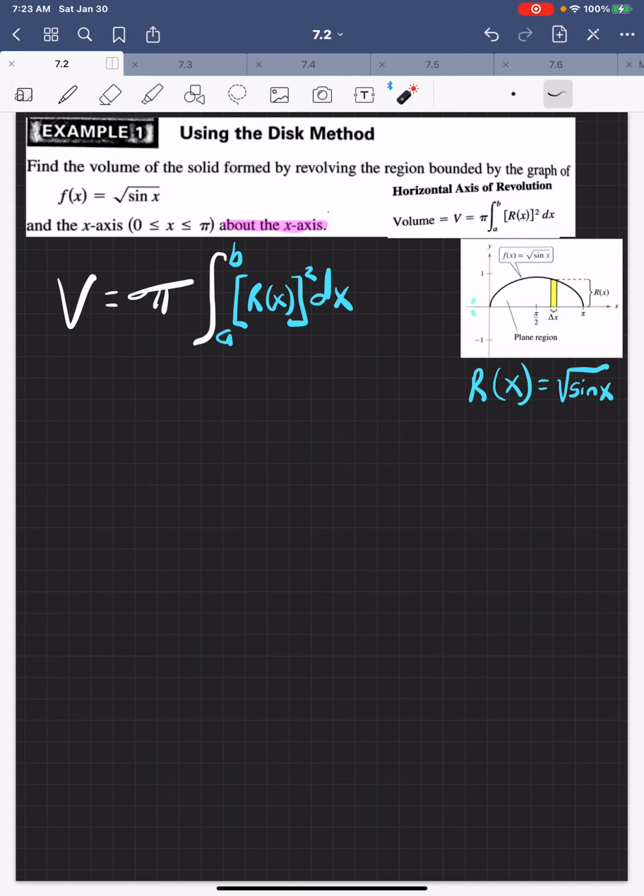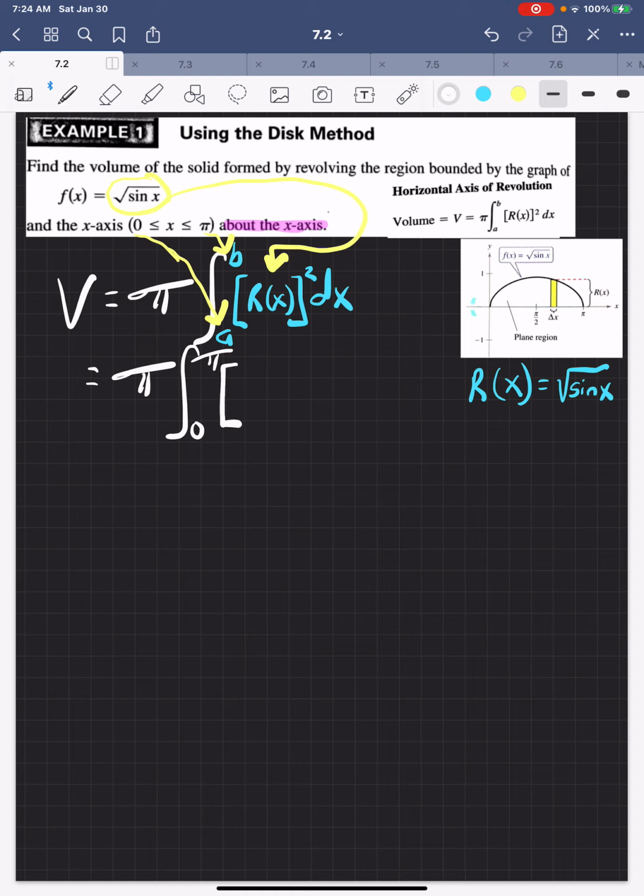All right, so let's substitute everything in. So we're going from 0 to pi, and we're also plugging in sine of x, and then we're not forgetting to square it, okay? So that's going to be pi, 0 to pi, square root of sine of x squared dx.